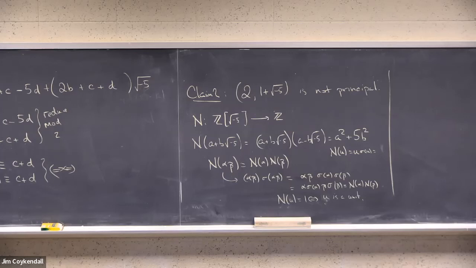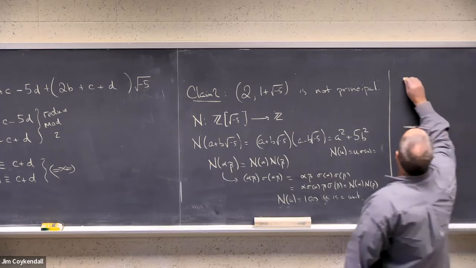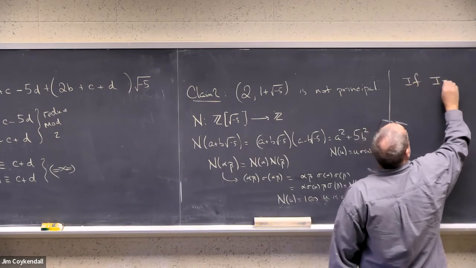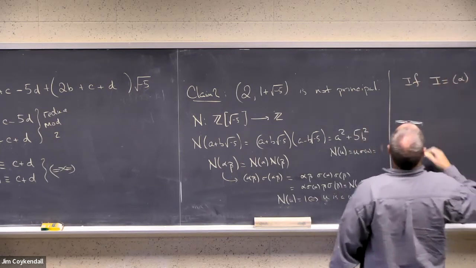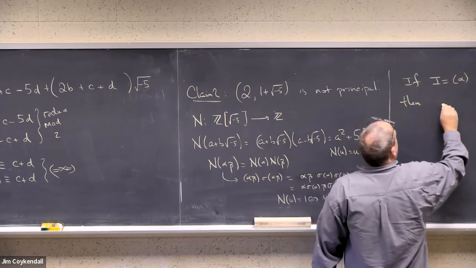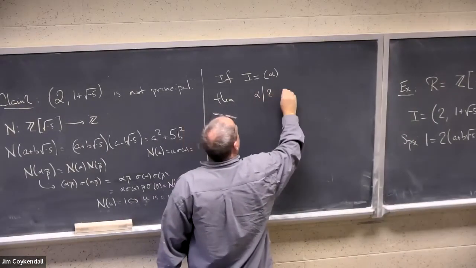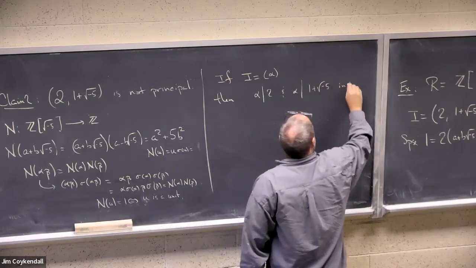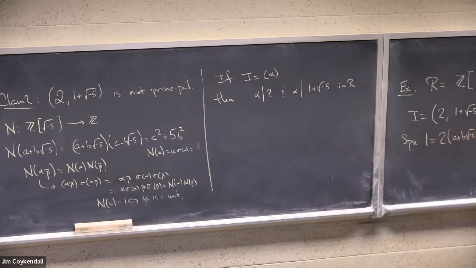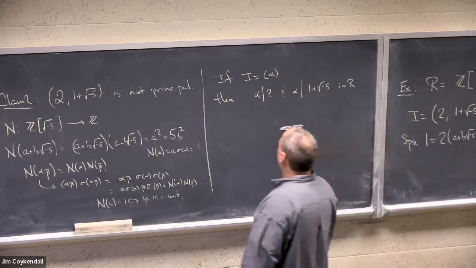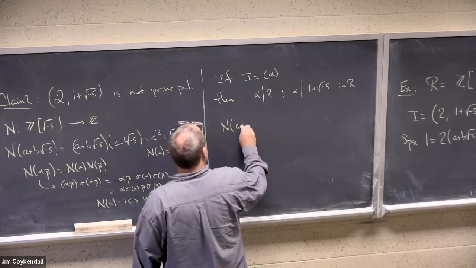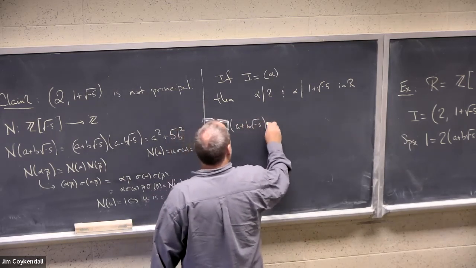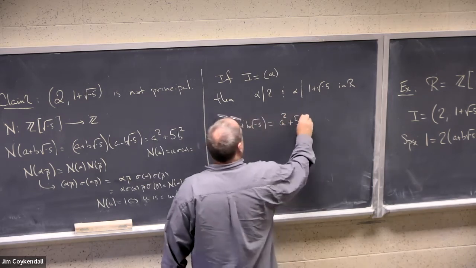I claim this ideal is not principal. Suppose it were generated by a single element alpha. Then because the principal element must divide everything in the ideal, it has to divide 2 and it has to divide 1 plus radical -5. Well, the norm of a typical element here is a squared plus 5b squared.